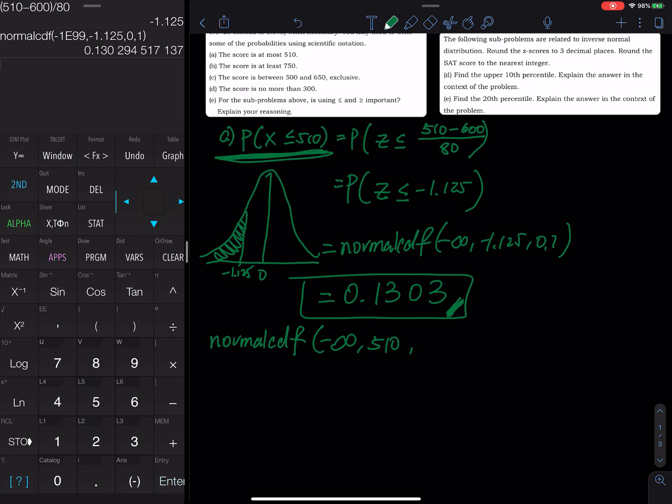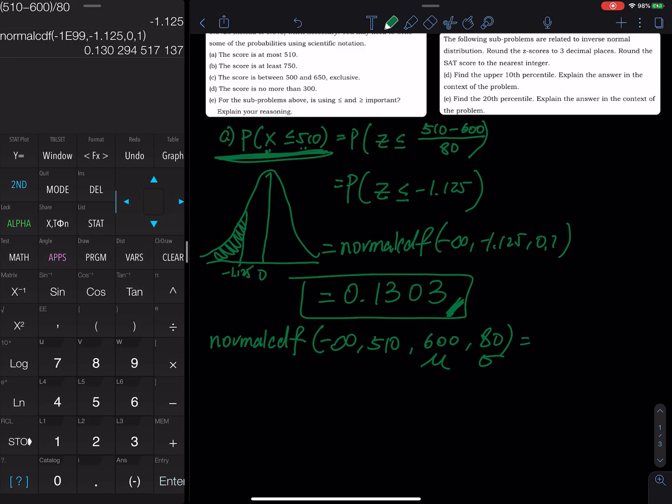Is the mean 0? No. Before standardization, the mean is mu, and then the standard deviation is 80. Again, this is before standardization, mu and sigma. It's no longer 0 and 1 because the 510 is X.